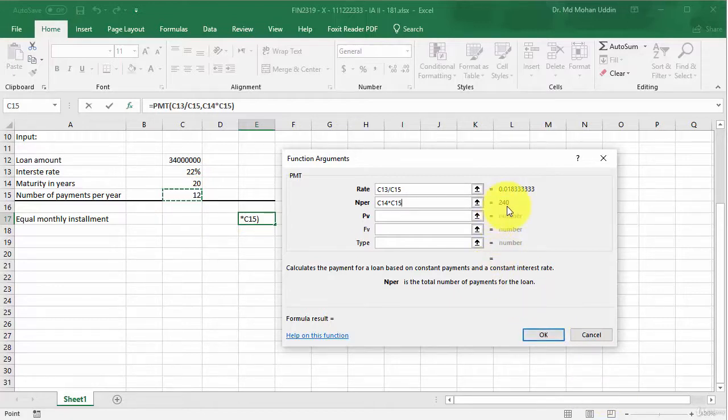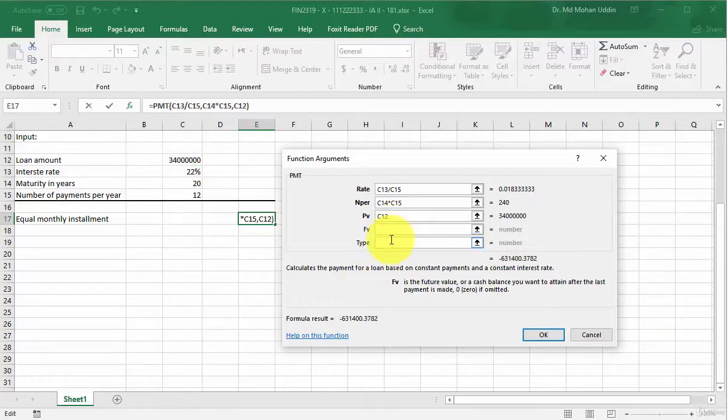So we can see that 240 is the total number of payments. Now PV is the present value, the total amount that a series of future payments is worth now. Since we are going to take the loan of 34 million, that is actually the present value of all future loan payments. So we can straightforwardly click the cell where we have the loan amount.